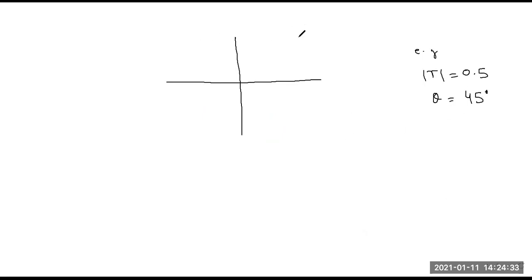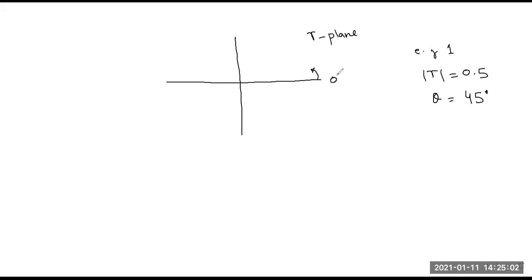Let me call this plane the gamma plane. To plot example number one, I need to draw a vector with magnitude 0.5 at an angle of 45 degrees. The angle is usually measured from this axis, in the counterclockwise direction.